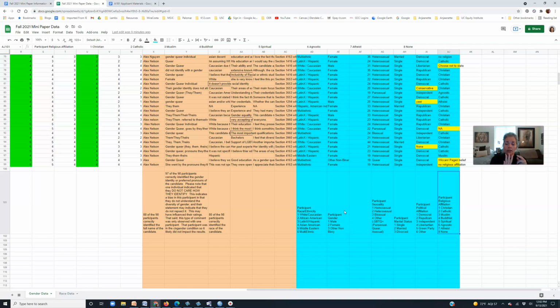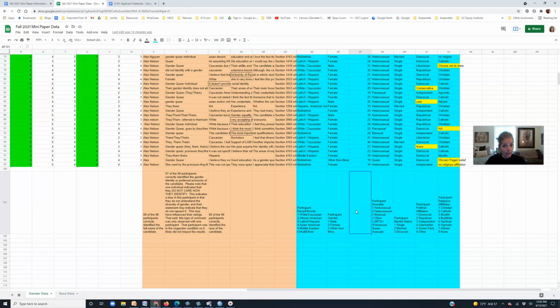Ordinal is ranked. Interval and ratio is where we have equal intervals between the groups, and then ratio has a true zero. We're going to treat all of our DVs as scale, and then your IVs are going to be nominal. When you're talking about participants, information and data, your participant race and ethnicity is categorical, so it's nominal.